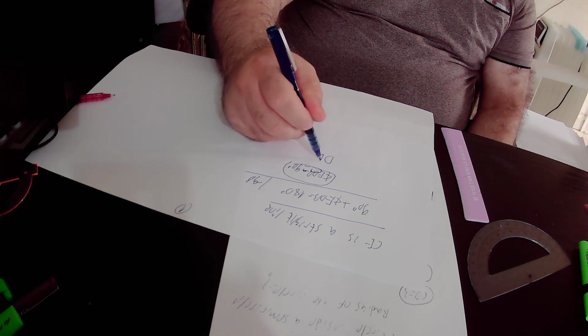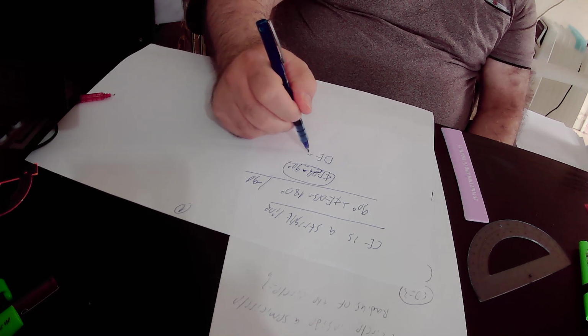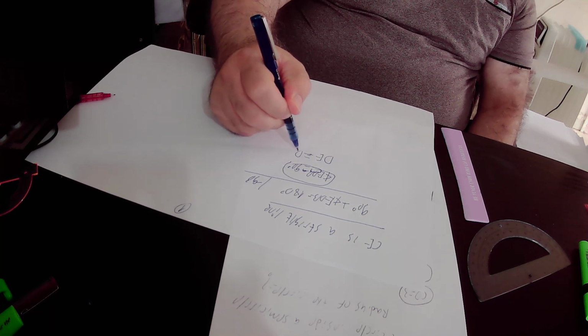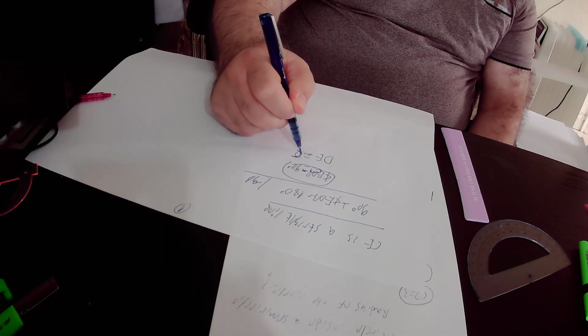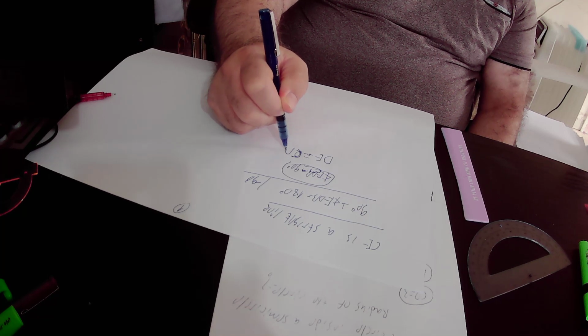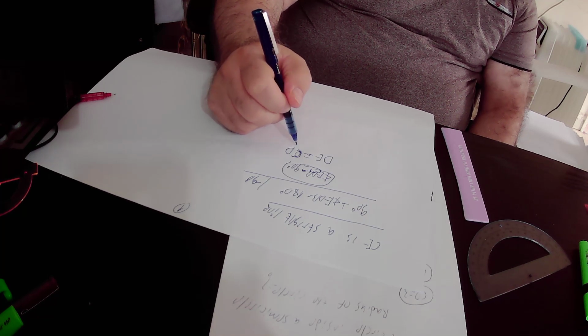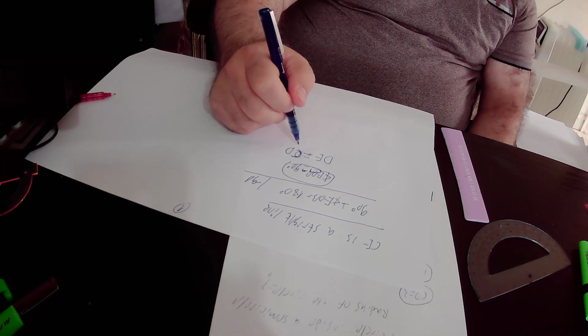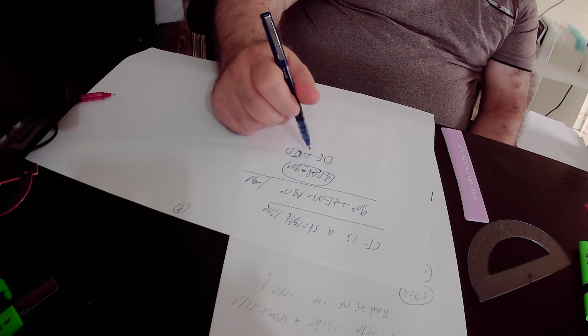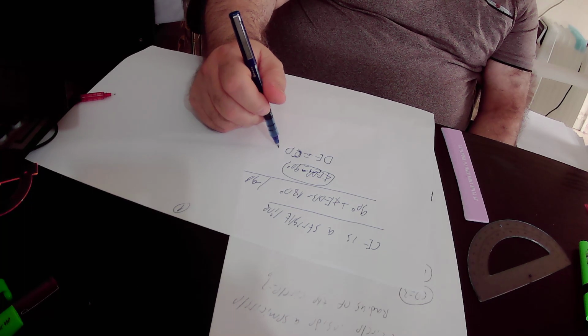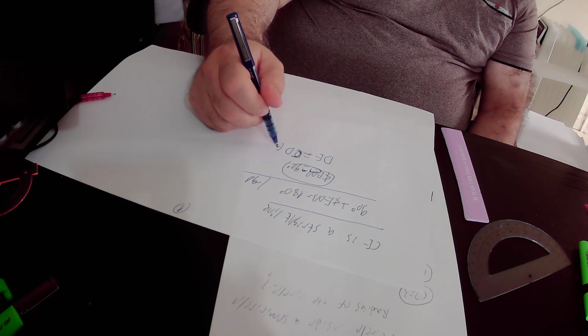The only difference between those two line segments is their directions. One is the opposite direction of the other. So because DE is the mirror image of CD, DE equals CD by symmetry.